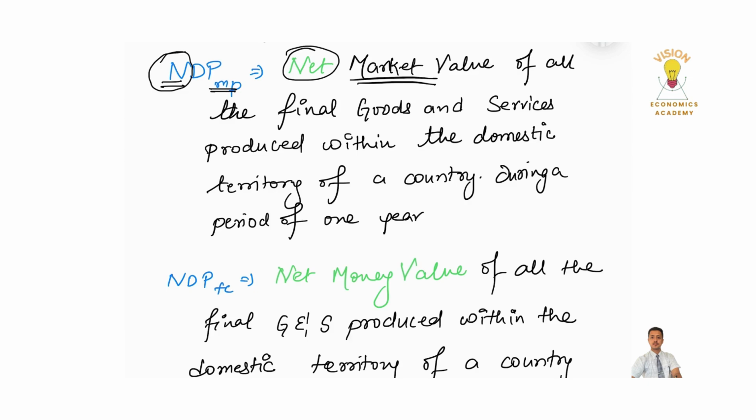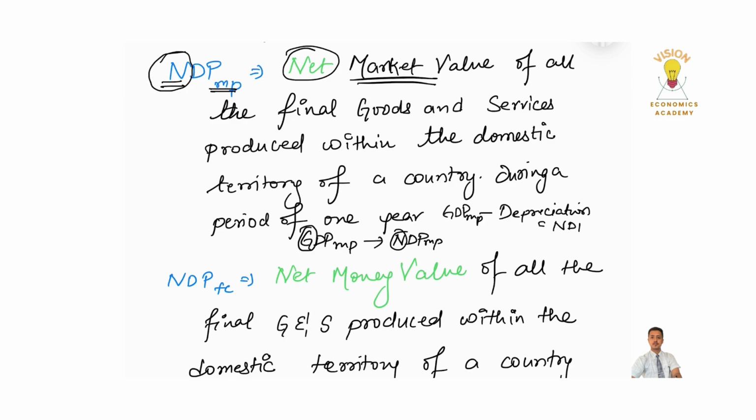So from GDPMP, if we want to derive NDPMP, from gross to net, it is always minus depreciation. So GDPMP minus depreciation would give us NDPMP.